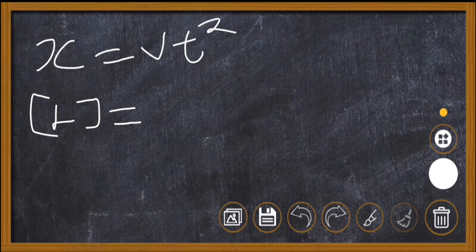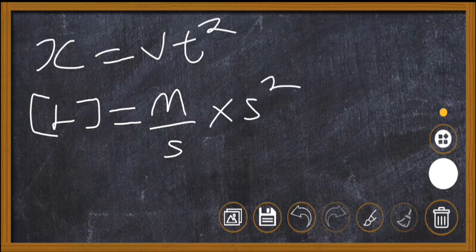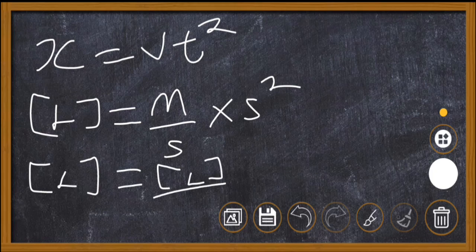Let's just write this, and then time is represented by second squared. So here we have L equals to, where there is m, the meters representing the length, which is L, and then second is time, multiplied by time squared.